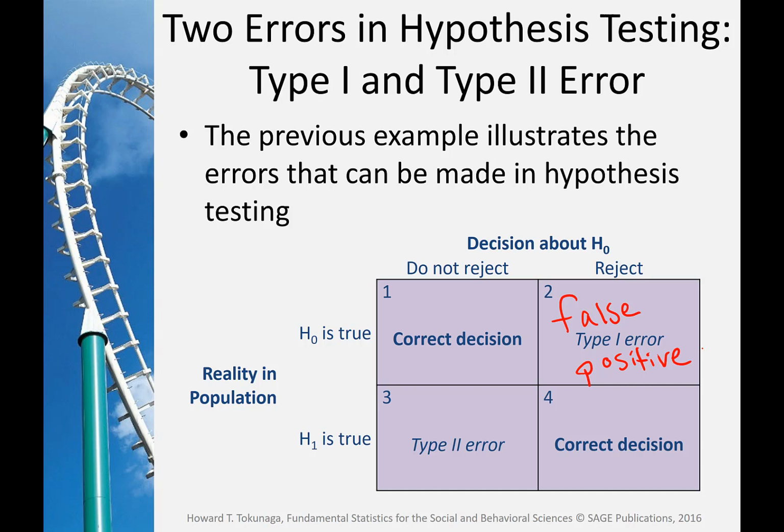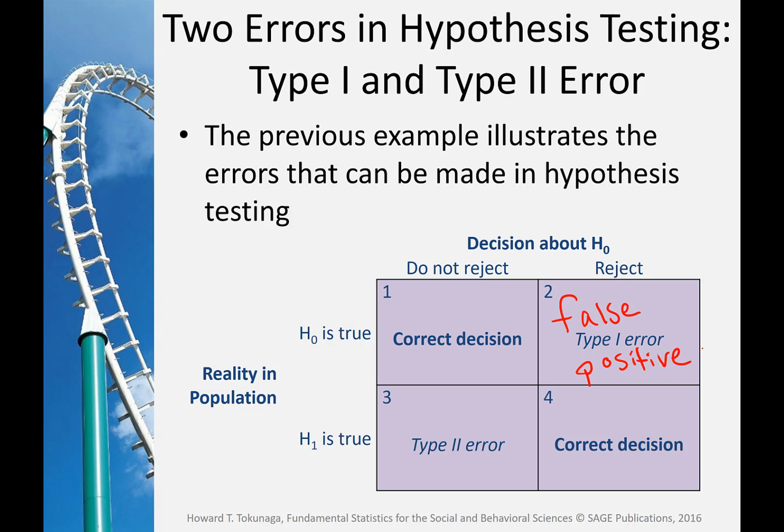Those are bad. Let's go to the bottom half. The alternative hypothesis is true. Well, if we reject the null hypothesis and say that there is an effect, when in fact there is an effect, that's good.